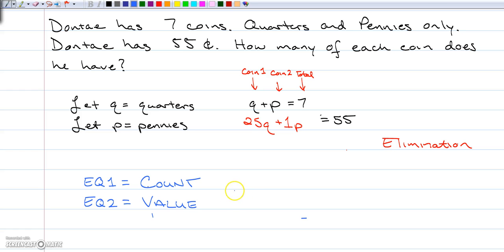And we just stack the variables. Question so far? It's really easy when we talk about money, right?